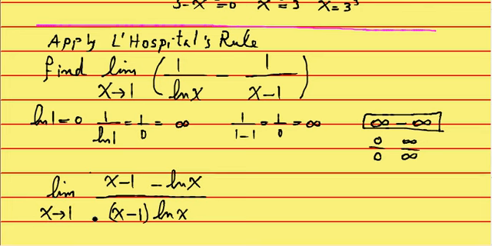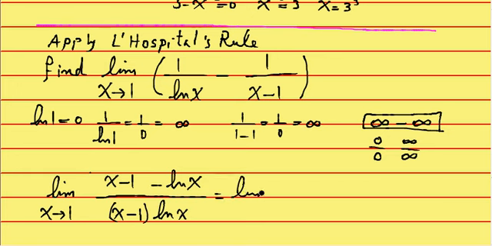Same thing. If the limit exists, it is the same as that. Now when x approaches 1, this is 0, this is 0, this is 0, this is 0, everything is 0, and we are dealing with a 0 over 0 case. We can apply L'Hopital's rule. So I go apply L'Hopital.